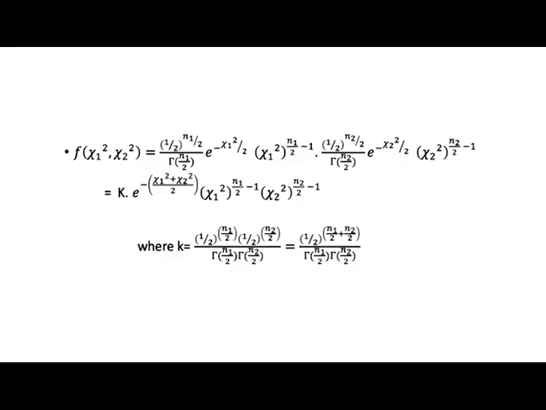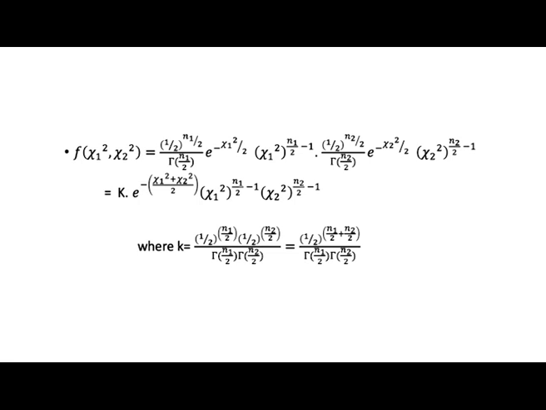This is equal to k into e raised to minus chi1 square plus chi2 square by 2 chi1 square raised to n1 by 2 minus 1 chi2 square raised to n2 by 2 minus 1, where k is equal to 1 by 2 raised to n1 by 2 into 1 by 2 raised to n2 by 2 divided by gamma n1 by 2 into gamma n2 by 2.